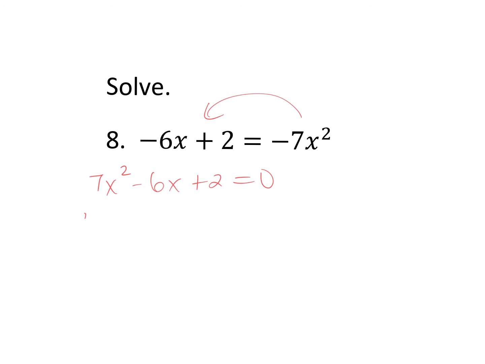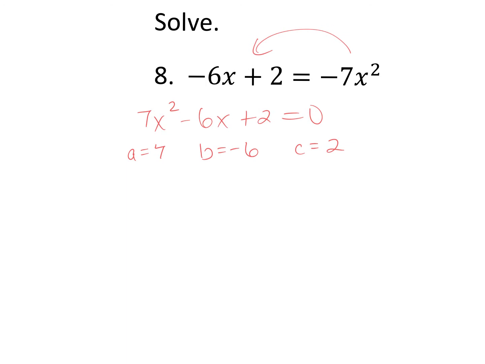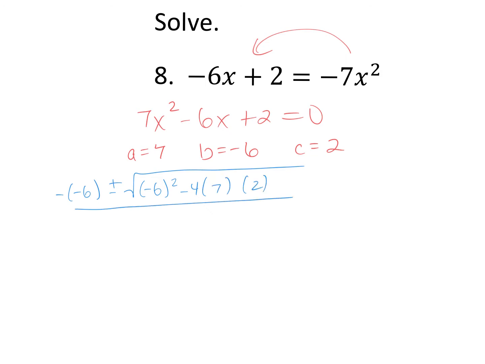And now we just set up our quadratic. A is 7, B is negative 6, and C is 2. So check me as I throw everything in here. I have negative 6, plus or minus the square root of negative 6 squared minus 4 times 7 times 2, all over 2 times 7. Everybody with me?